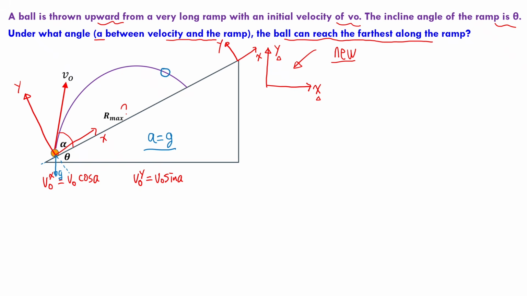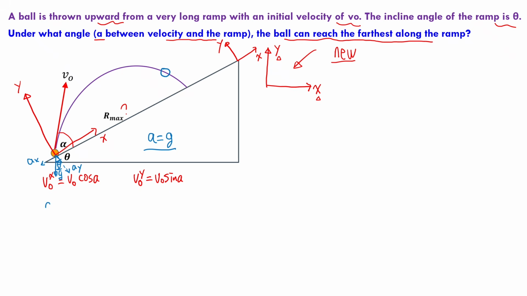But in this case, acceleration g is going downward, but my axes are along the x and y directions. Because of that, I need to decompose my gravitational acceleration. This is my acceleration along the x direction. This is my acceleration along the y direction. I know this angle right here is theta.